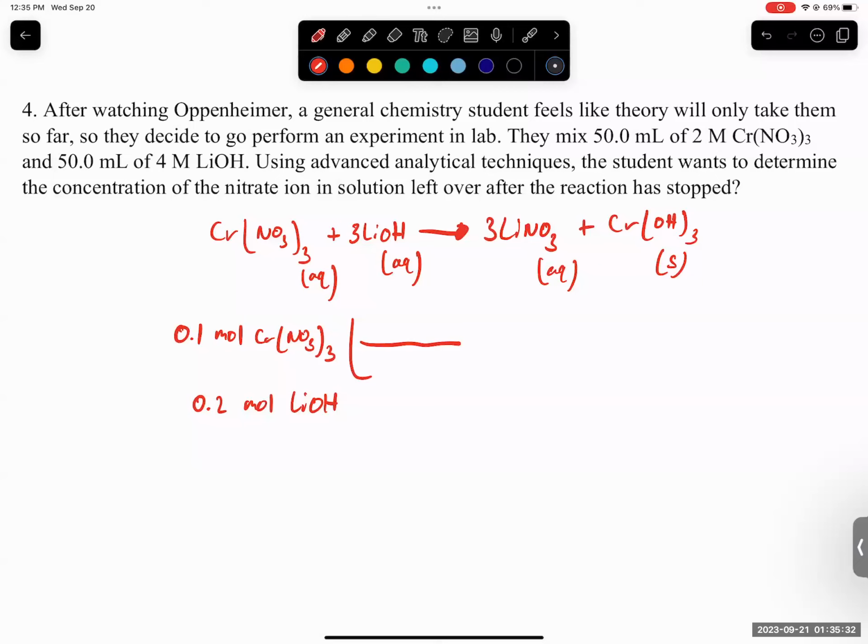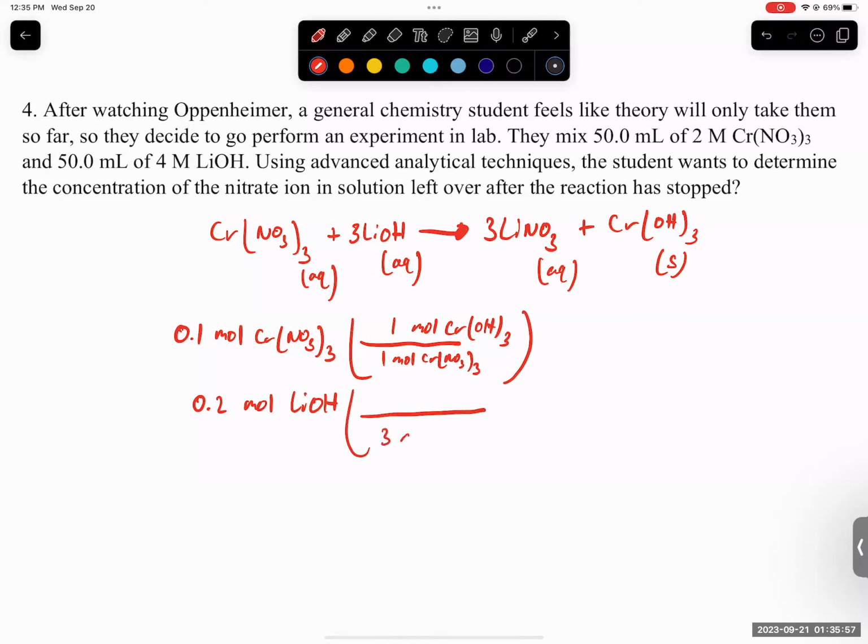To do this, first we're going to convert everything into moles of precipitate. So 0.1 moles of chromium nitrate. We see from our mole ratio that for every 1 mole of chromium nitrate, there's 1 mole of chromium hydroxide. So this is a 1-to-1 ratio. Then we do the same thing down here.